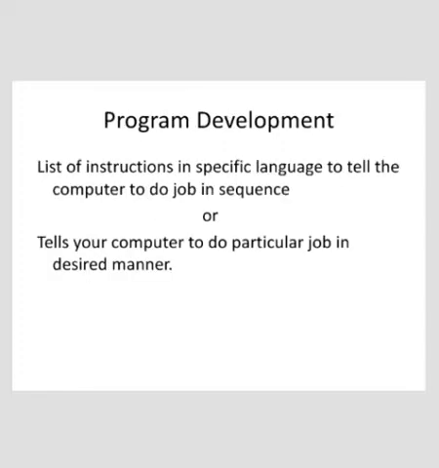Now, what does program development mean? Before writing a program, the user has to define the problem. The problem is first analyzed. Actually, the problem solution gets converted into a program.